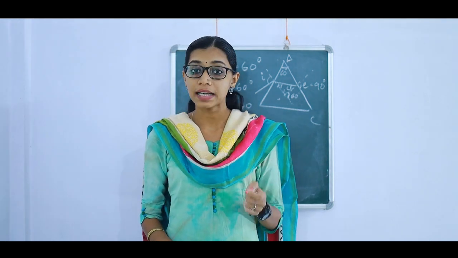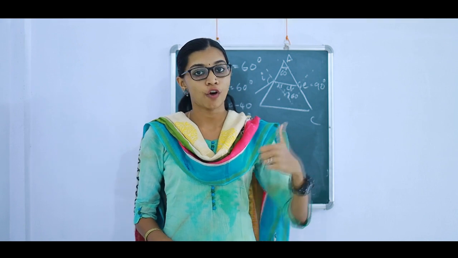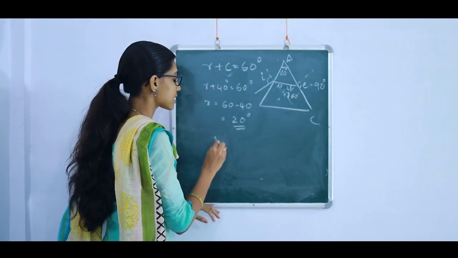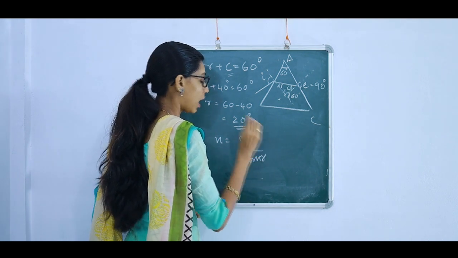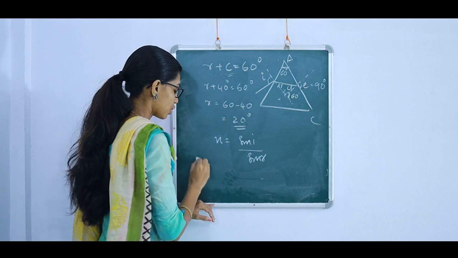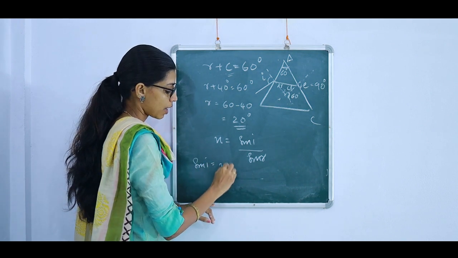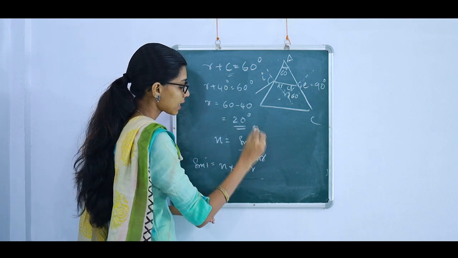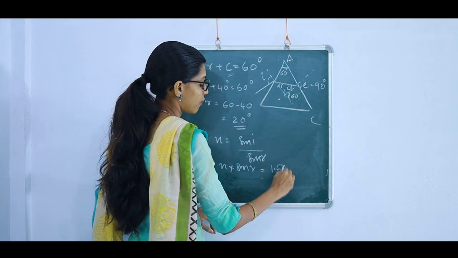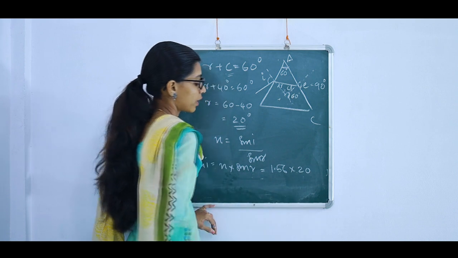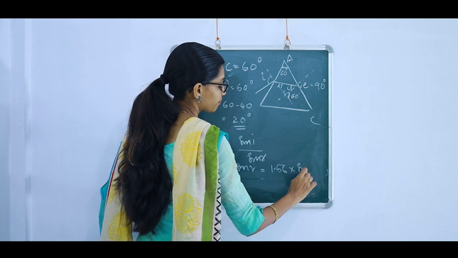Now we have to find the angle of incidence for which all this happens. We know the refractive index n is equal to sin i by sin r. So we have to find i. So sin i is equal to n into sin r. We have found r, so you can write 1.56 into sin 20.